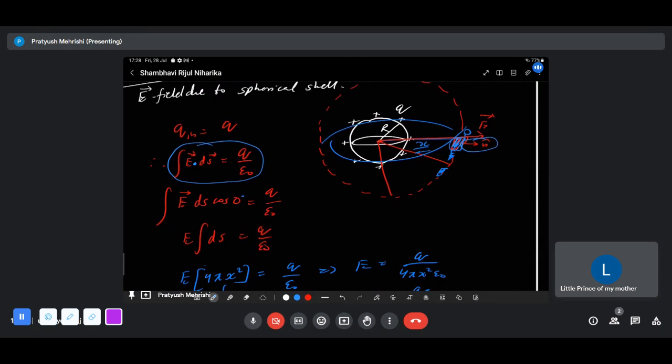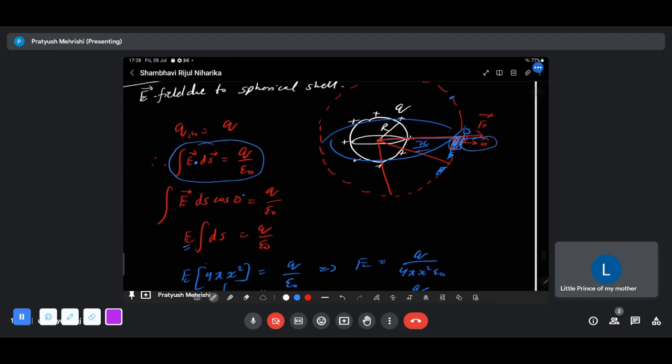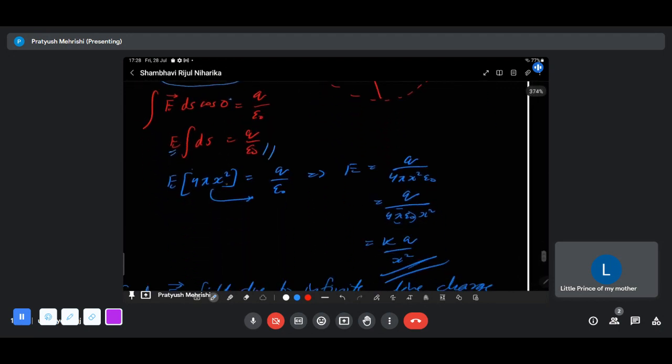The electric field at this point is always constant because the distance is the same. So we take the electric field outside. E times the integral of ds is equal to q by epsilon naught. If you integrate ds, it is the total area of the surface, which is a sphere, so its area will be 4 pi r square.